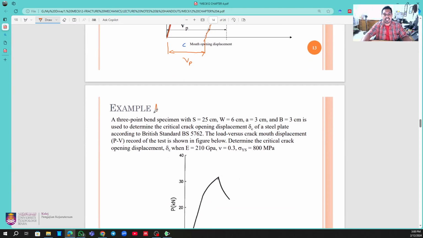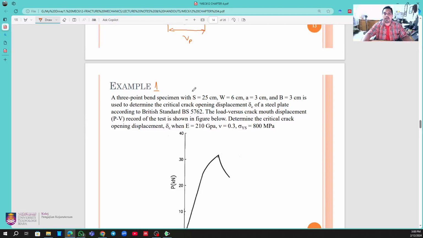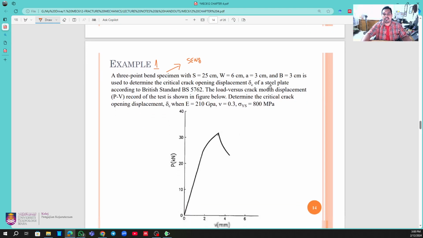This is the first example here. We have a 3-point bend. When I mention 3-point bend, it is related to the SENB specimen. In our case, when we talk about SENB, you have to know how to solve it. We have the span distance with the crack, the plate width 6 centimeter.